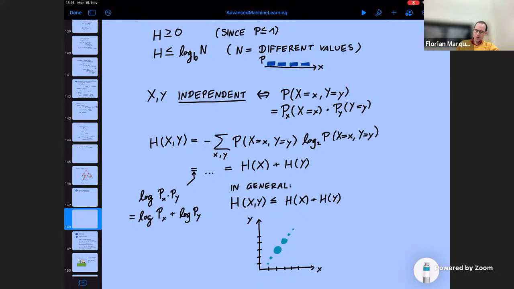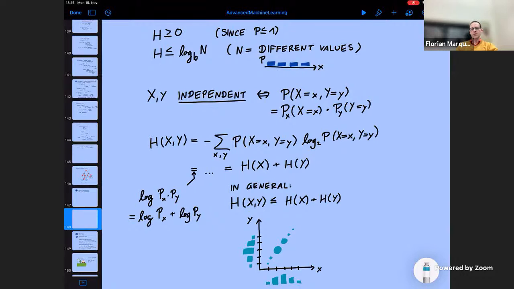And what happens now is if I only look at the distribution of x, I could plot this on this axis. It's rather wide. It has many different possible values with a finite probability, so it has a large entropy. If I plot the distribution of y, maybe on that axis, I observe the same kind of effect. But since they are dependent, the joint distribution only fills the possible slots on the diagonal when x and y are equal.